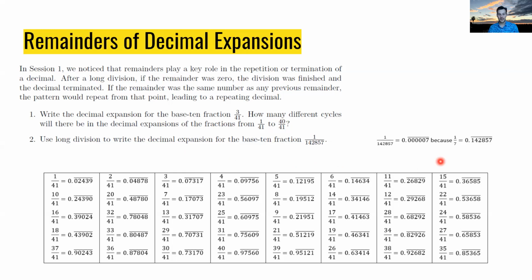Isaiah noticed that if you wrote that fraction in scientific notation, you would have 1.42857 times 10 to the negative 6th power.